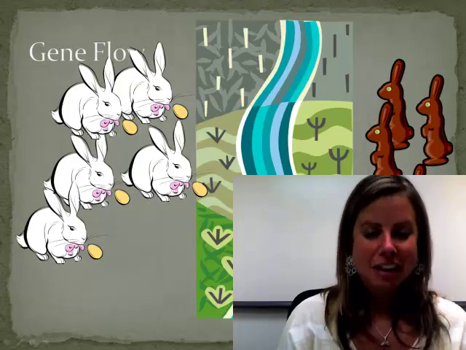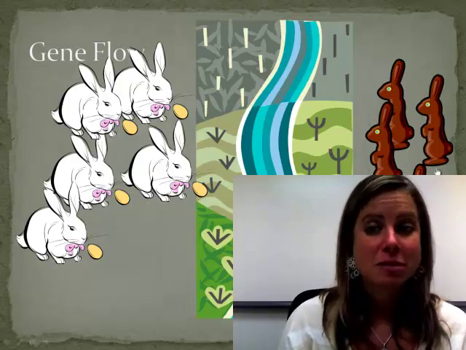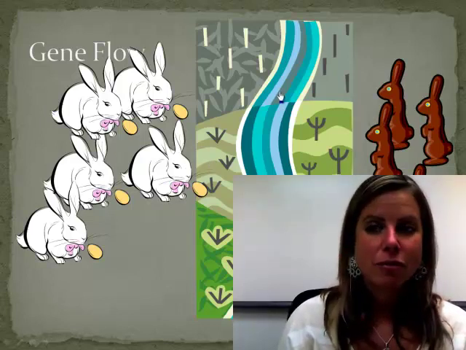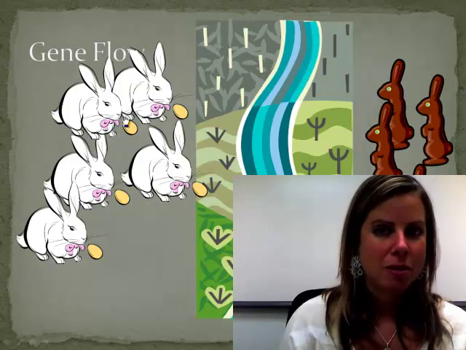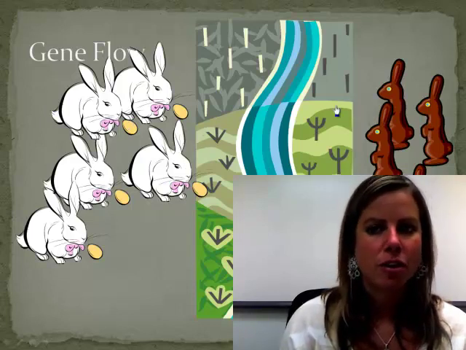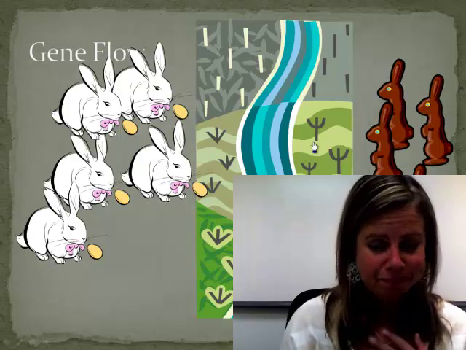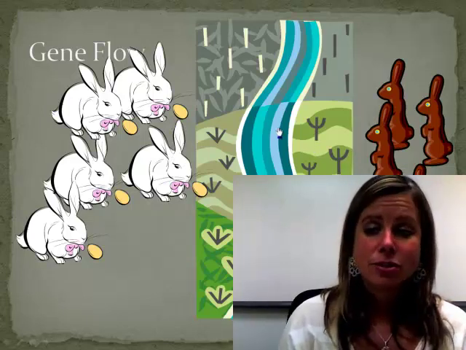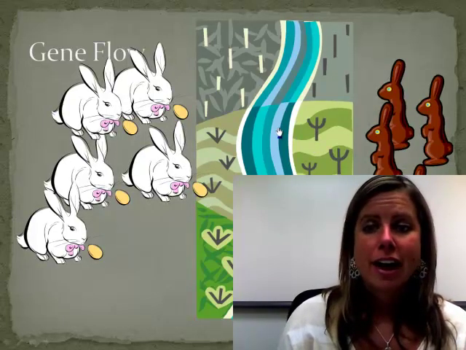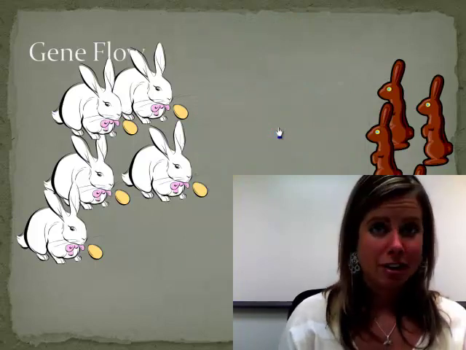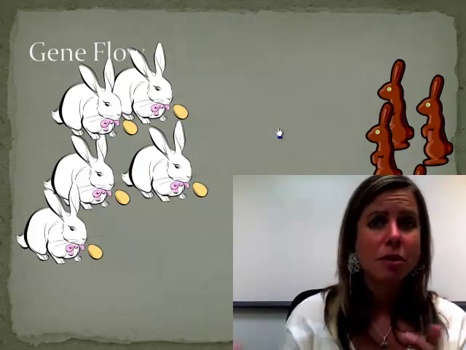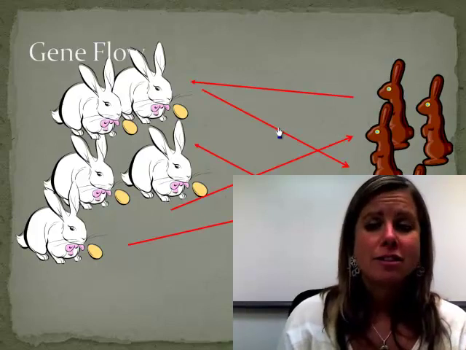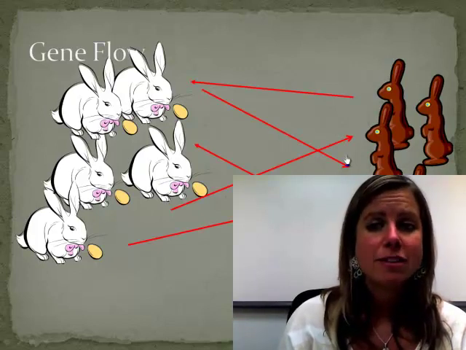These are the same species, but if we've got this river here, these guys are going to keep mating with one another here, and there's no gene flow across because they can't cross the stream. So let's say due to global warming, the river dissolves. What's going to happen is these are probably going to start to mate with one another. And so you're going to have this happen.